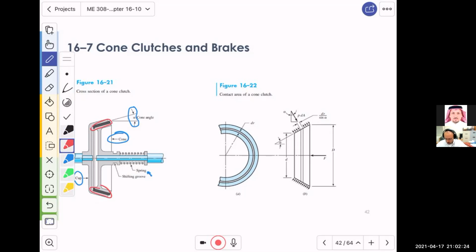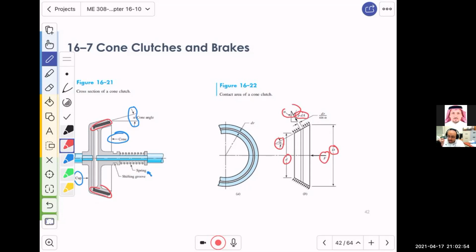Now, just to tell you the nomenclature, we will have a force pushing the cone, an outer diameter capital D, a small diameter, a cone angle, and this is the projection of the force. That force is basically the pressure over a differential area dA.